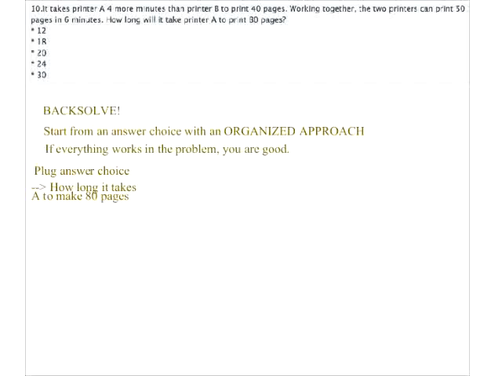Now we don't really care about that, we care about this. So we can find how long it takes A to make 40 pages, which is just half of that, and then how long it takes B to make 40 pages.